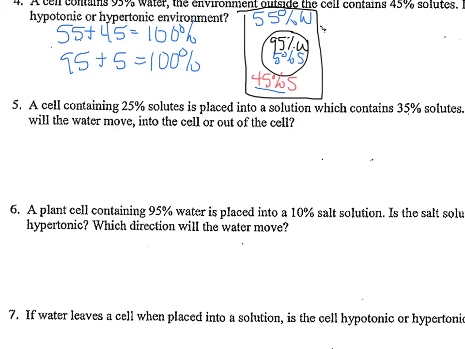Okay, so we go back to solving the problem like we have done in the past. So the first thing easy to look for is where is water high and where is water low. So water on the inside of our cell is 95%, and that is higher or greater than 55%. And once again, water moves from an area of high concentration to an area of low concentration.